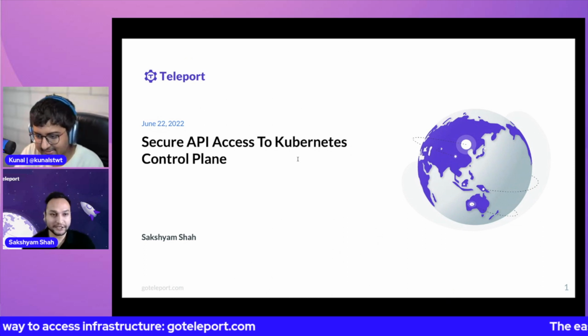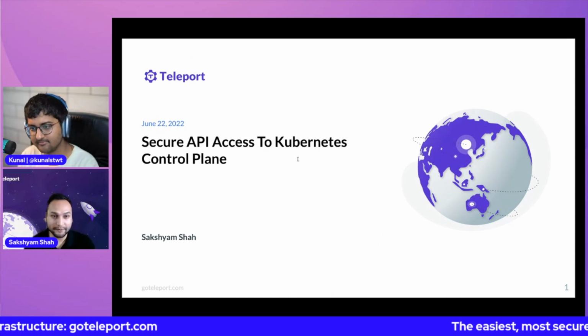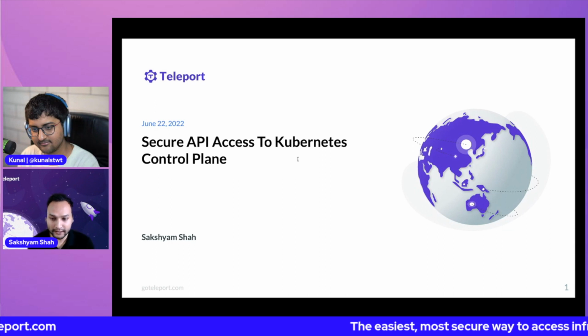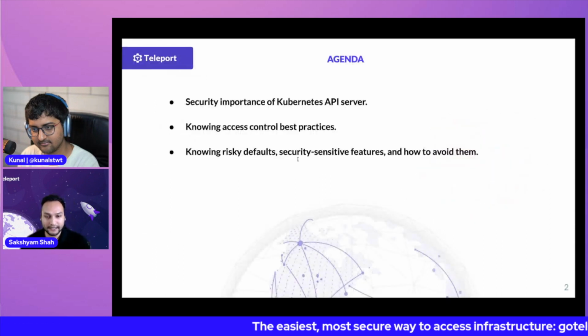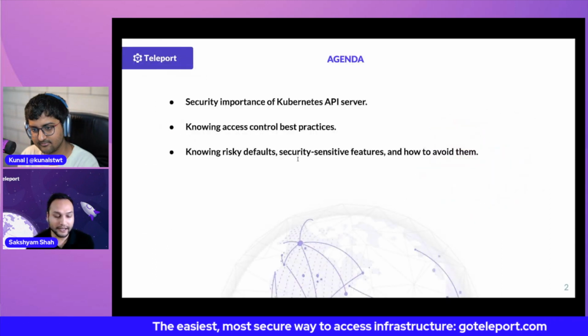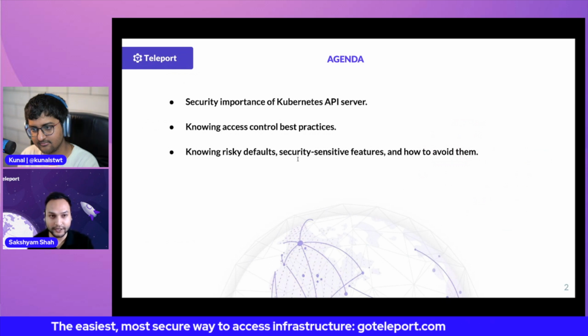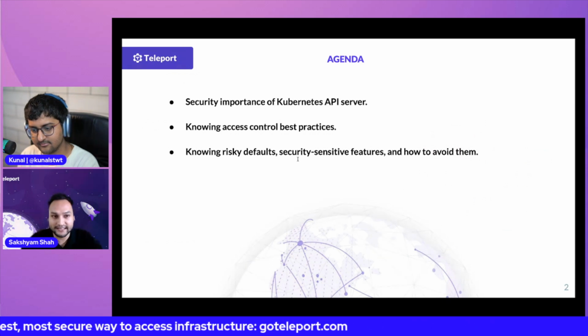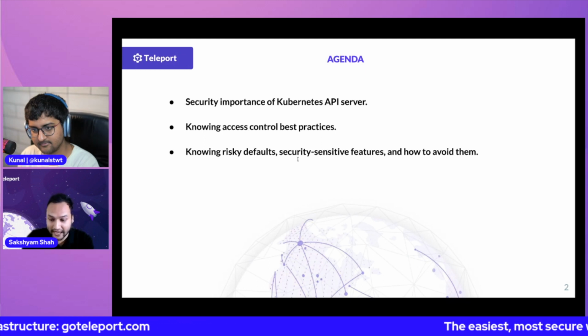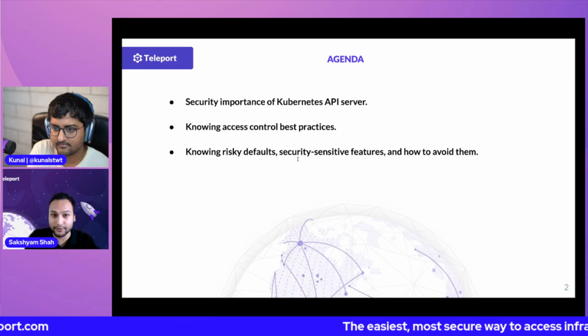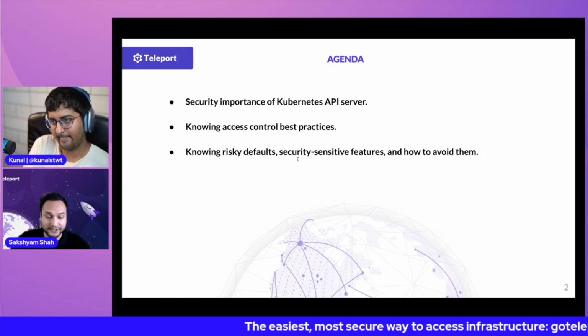So let's begin the topic: secure API access to Kubernetes control plane. The primary agenda is to make you understand the security importance of the Kubernetes API server. So why am I starting this talk on the Kubernetes API server itself? Kubernetes is big.